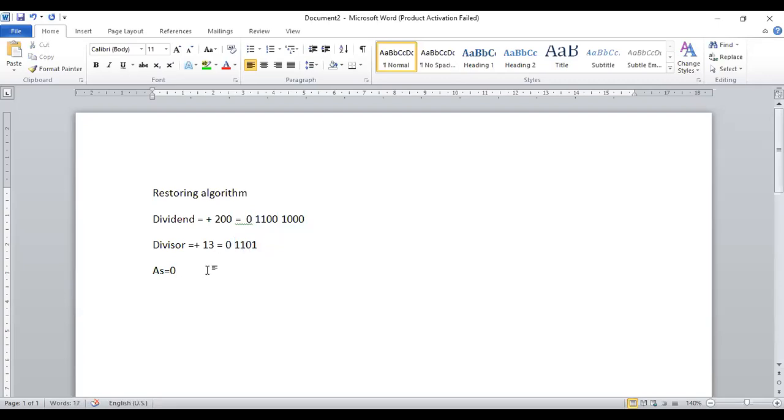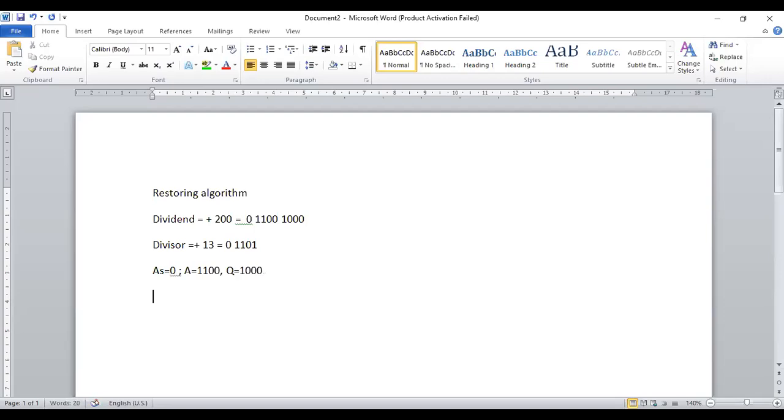Okay. After separating sign component, dividend we will load it into the Q register, right? A register holds upper bits, which is nothing but 1100, and the Q register holds lower significant 4 bits.